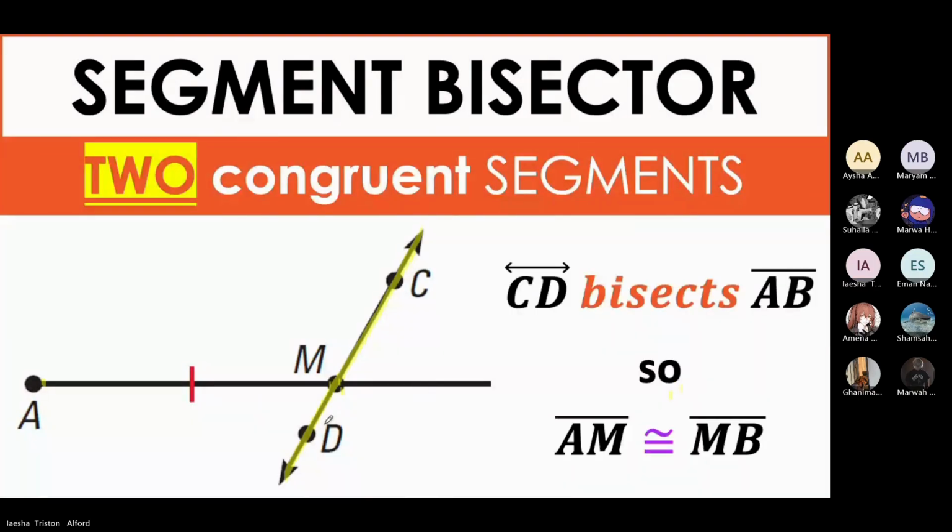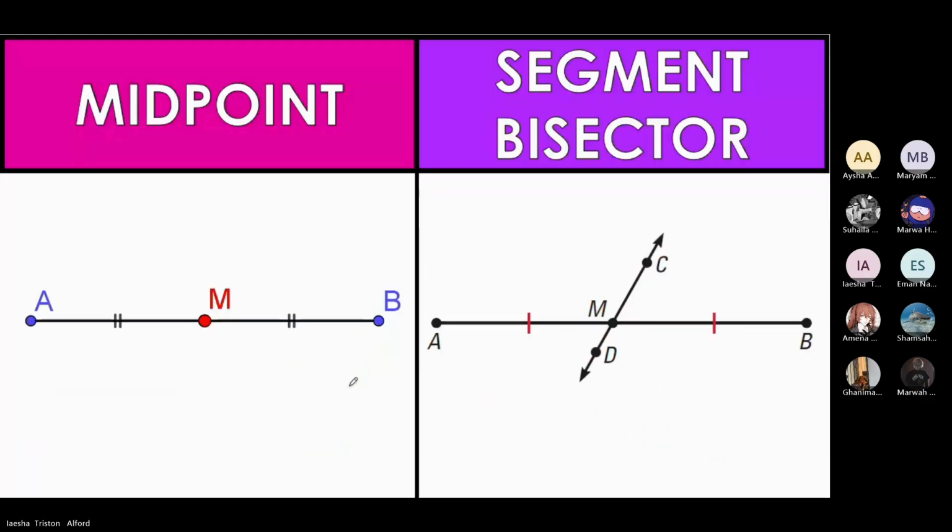Okay? In the writing, they must tell you something about bisect for you to know this thing. You can't just see the picture and say, okay, segment bisector. You have to know the information from the writing. Everybody's okay? So we have midpoint, segment bisector. Very, very similar. Both of them are cutting a segment.